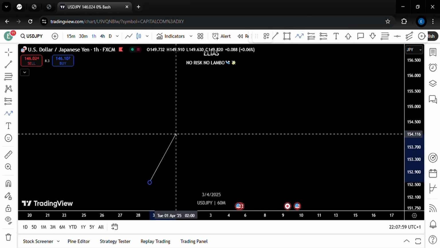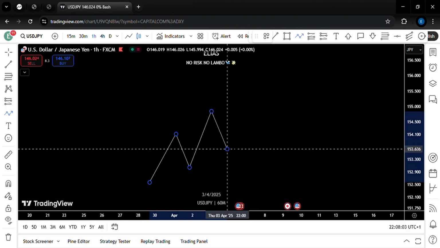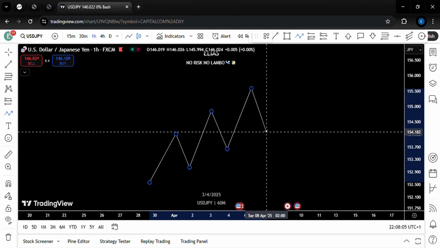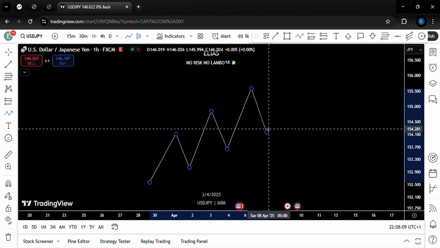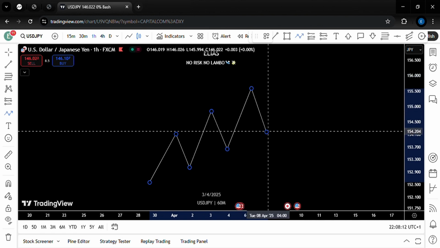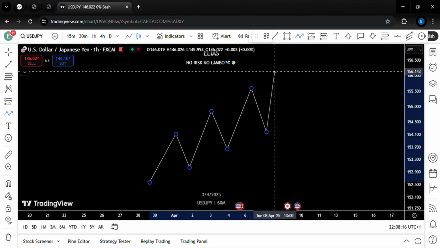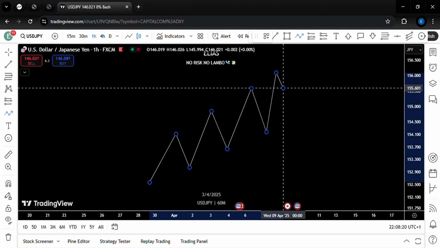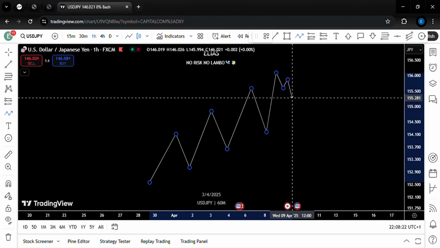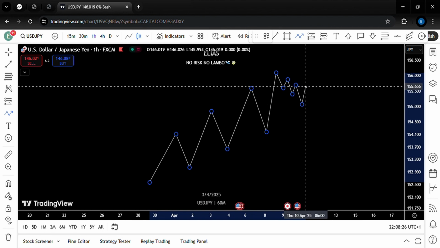And these corrections won't just be a single candle or two single candles going long or going short. These corrections will come in waves, creating internal structures, minor structures. So you understand?